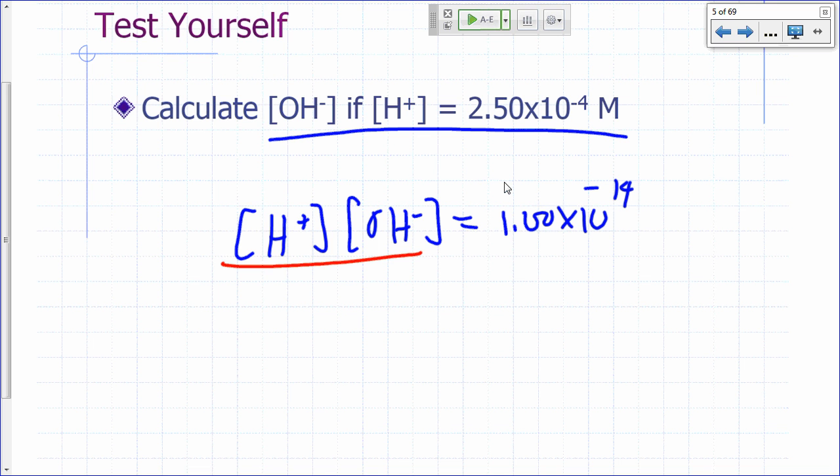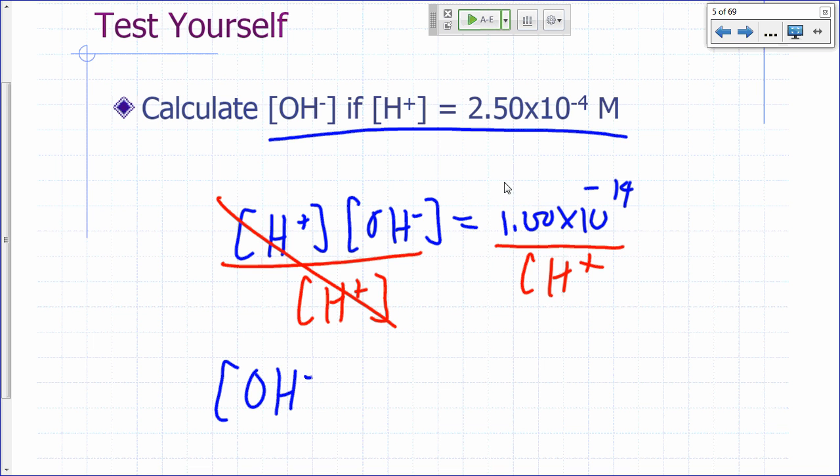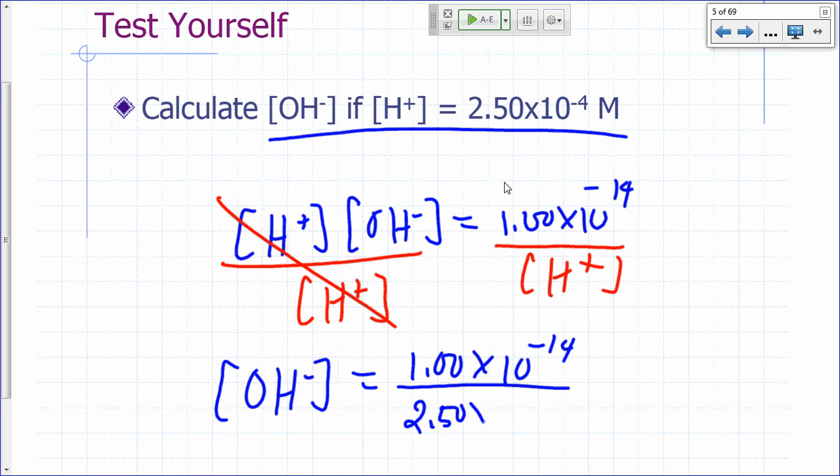How do I solve for hydroxide? Divide both sides by H plus, right? So hydroxide is equal to 1.00 times 10 to the negative 14 divided by 2.50 times 10 to the negative 4.